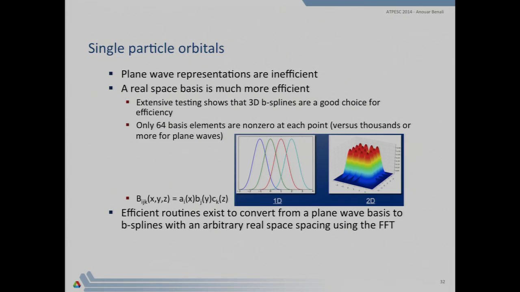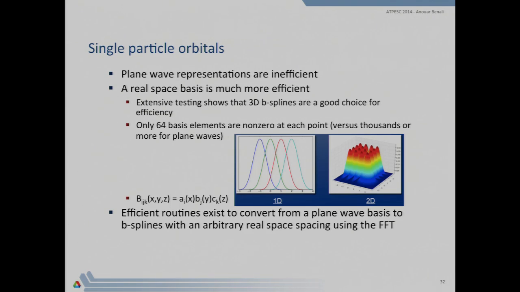So rather than having to evaluate a full function, you actually just evaluate 64 points, which is really fast compared to having to do the exponential with the vector multiplications, etc. There are many functions that exist that are able to do this evaluation of B-splines. One of the libraries that we use is called Einspline. Other codes use their own homemade libraries. There are blibs.